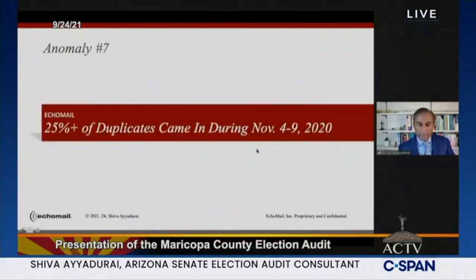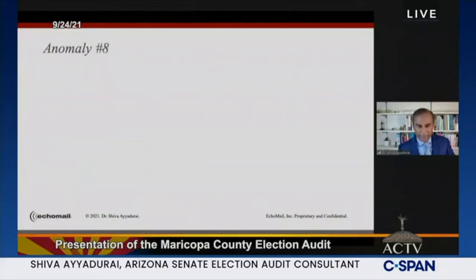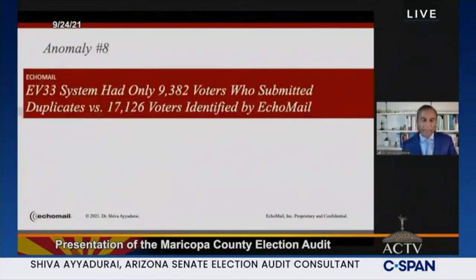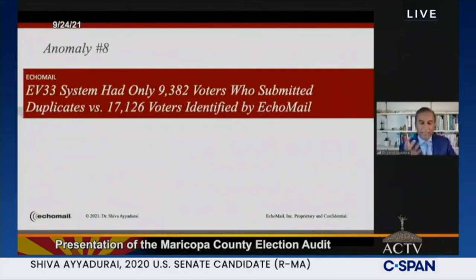Anomaly 7. I'm sorry, I've already gone through that. The next anomaly is, we also noted that the EV33 system, which is the system that contains all the early voting ballots, had 932 voters who submitted duplicates versus the 17,126 that we identified.